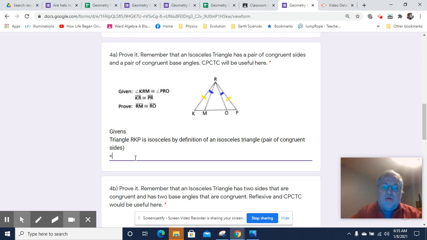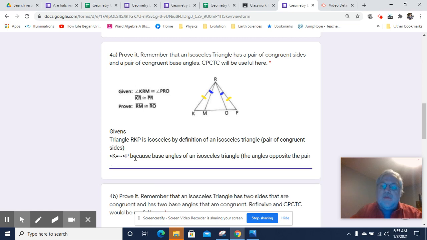So we can say angle K is congruent to angle P, because base angles of an isosceles triangle, those are the angles opposite the pair of congruent sides, are congruent.